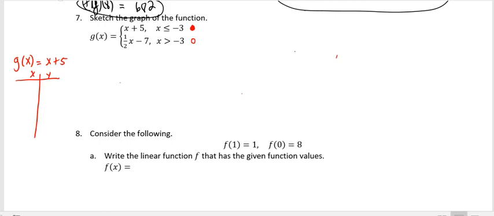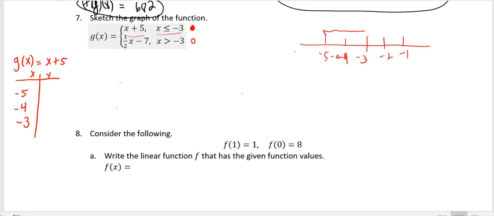So they're saying for x plus 5, use values that are less than or equal to negative 3. So what are some values less than or equal to negative 3? Negative 4 and negative 5? Anything to the left of it, right? If you feel like you need to visually see it, anything less than negative 3 is going to be these numbers to the left.